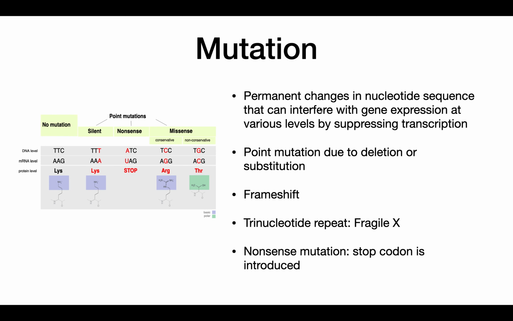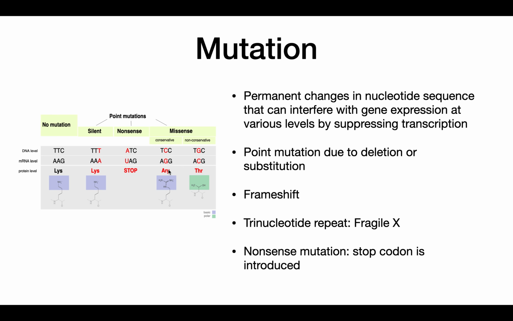They're permanent changes, and it can be due to point mutations, which are substitutions of an original base with something new. It can be due to deletion or substitution. It can result in a frameshift mutation, depending on how many were lost.